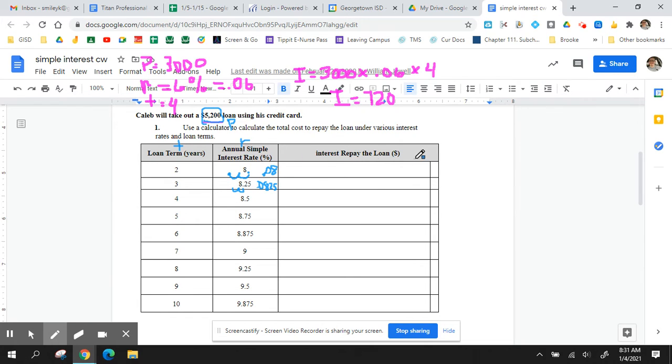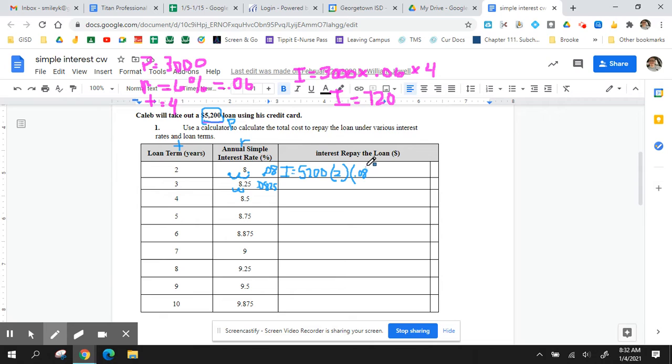So when you go to figure out the interest, it's like what we did up here on the top for this example. I'm going to have I equals 5,200 times 2 and times the rate, which is 0.08.